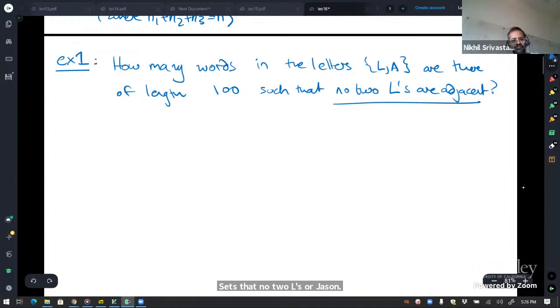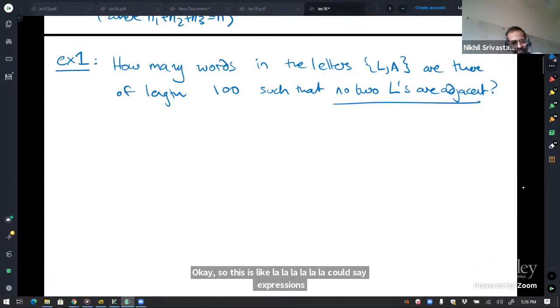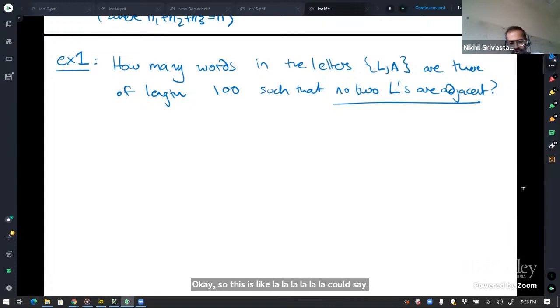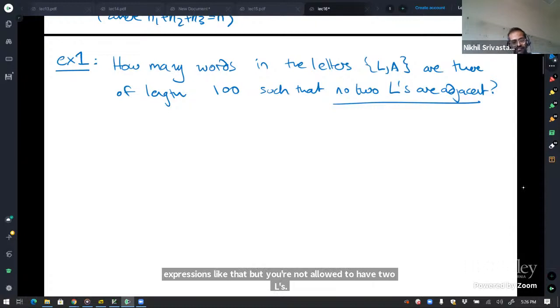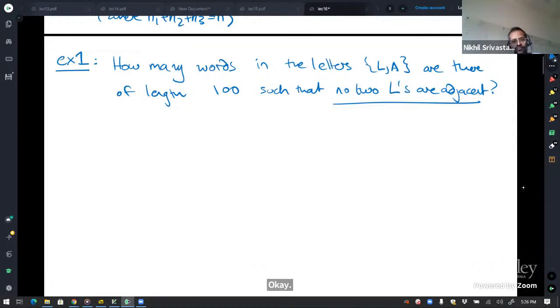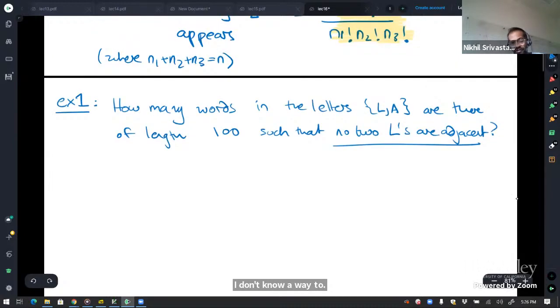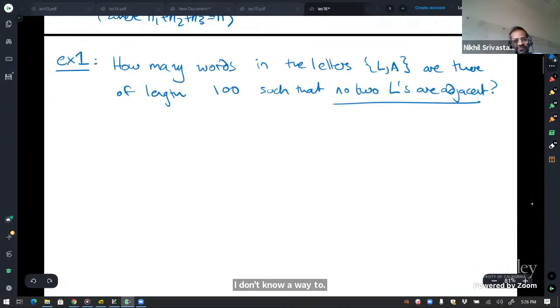Okay, so this is like la la la la la la la la, expressions like that, but you're not allowed to have two L's adjacent. I don't know a way to easily solve this using the other techniques. Maybe you can combine them, but it really doesn't fall immediately into any of the things we've looked at. So that's one example.